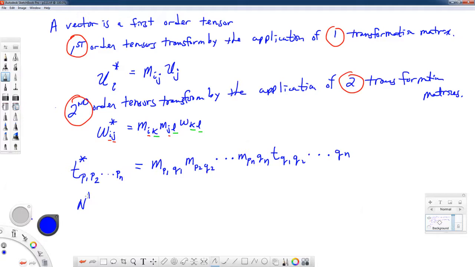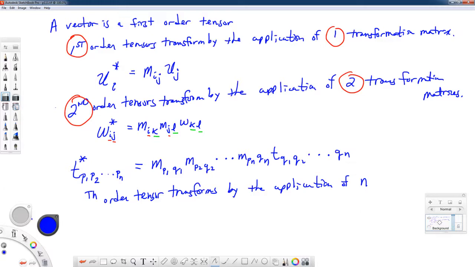So an nth order tensor transforms by the application of n transformation matrices. And that is a commonly accepted definition of nth order tensors.